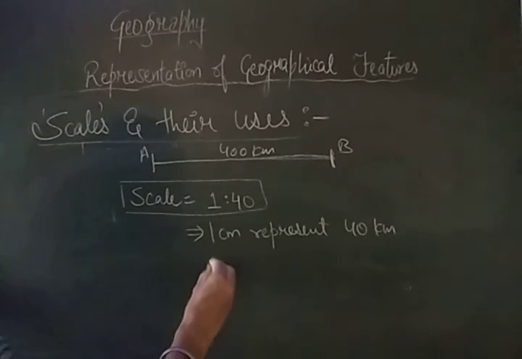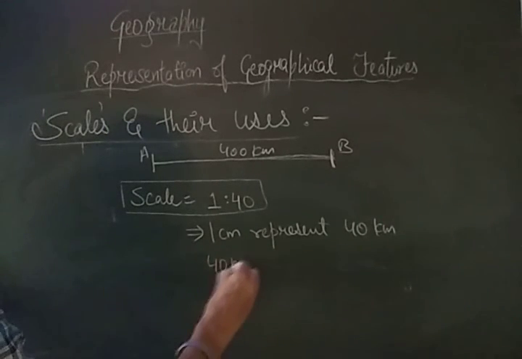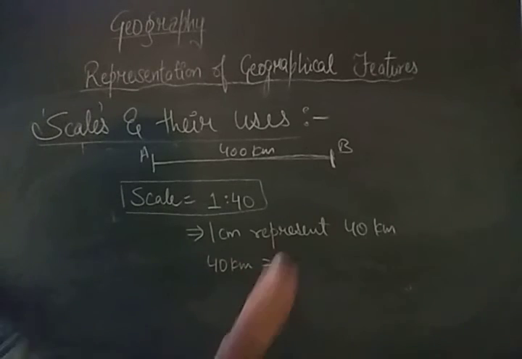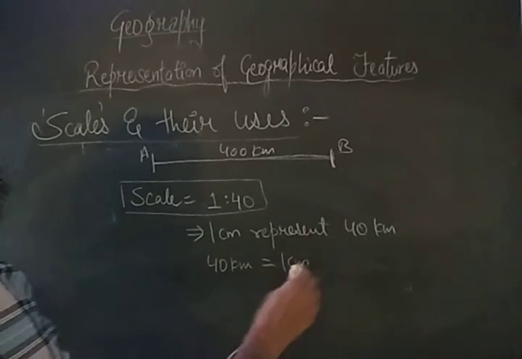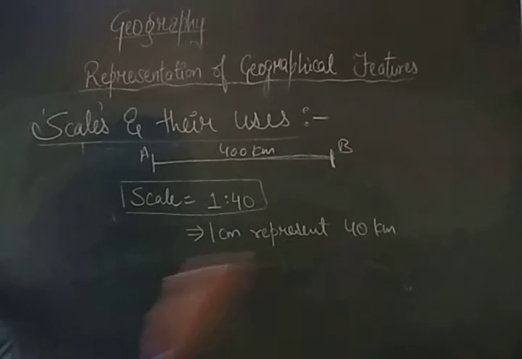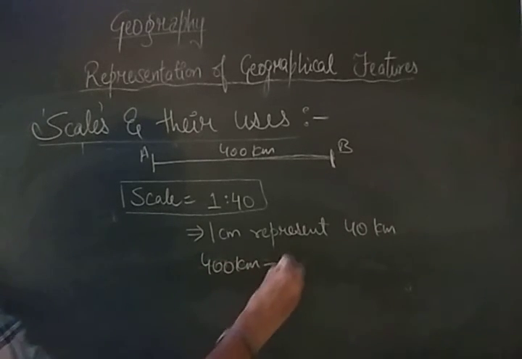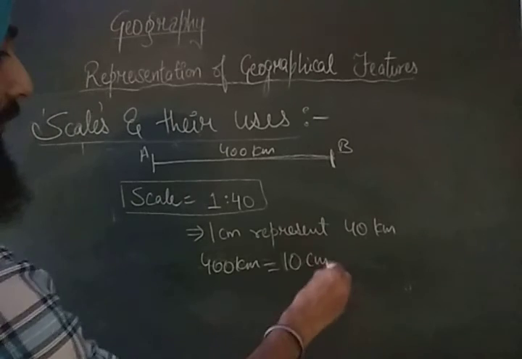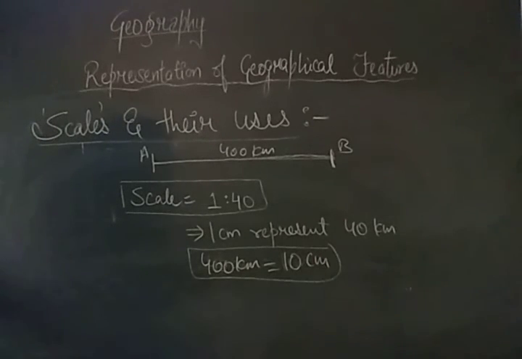When I say 1:40 means 1 centimeter represents 40 kilometers. In order to represent 400 kilometers, I would have to take a line of 10 centimeters on the map. Simple maths.